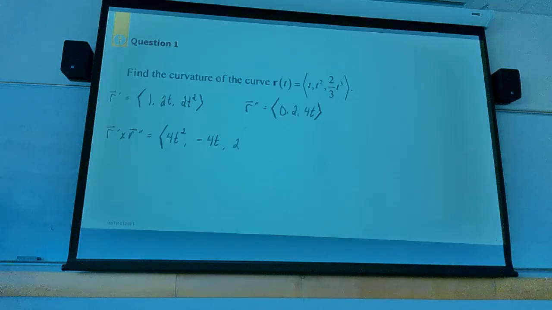And then 2 minus 0. And factor out a 2, which is going to make finding its magnitude easier.